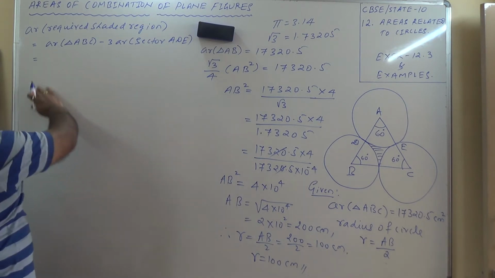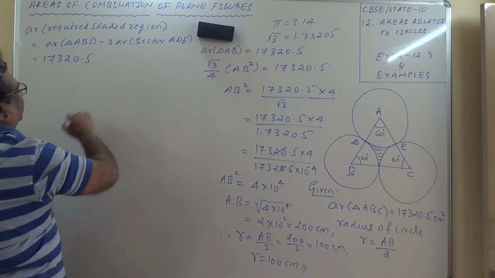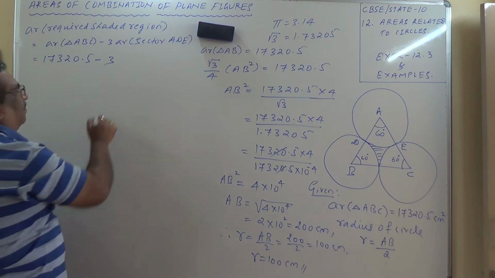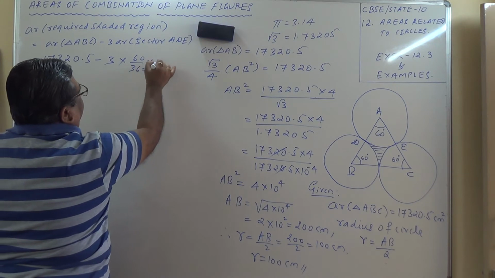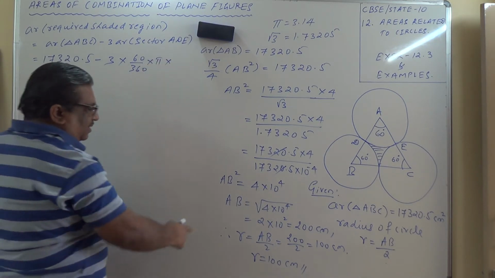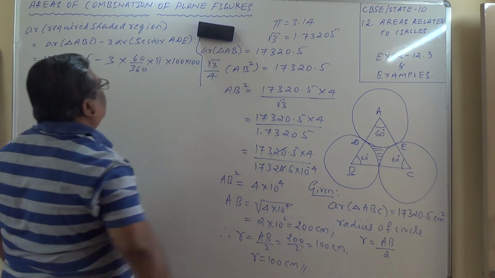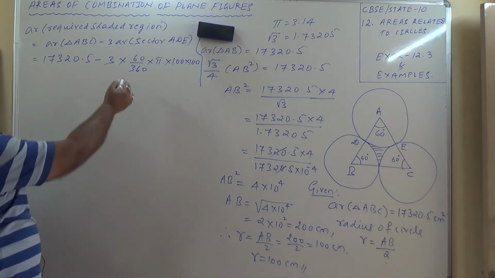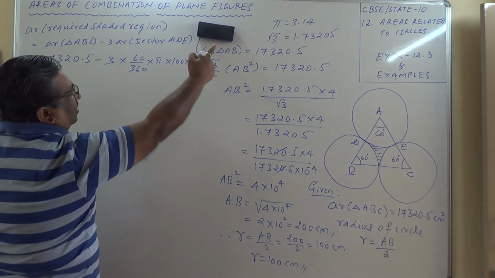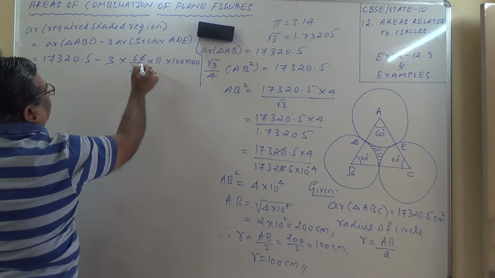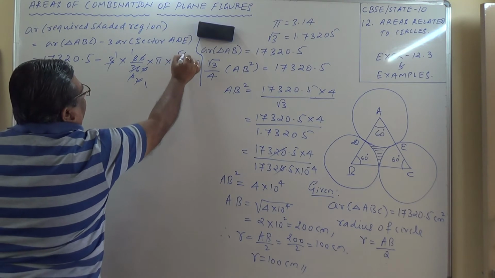So area of the triangle is given to us as 17320.5 square centimeter minus 3 times sector area, which is 60 by 360 into pi into the radius 100 into 100. That is theta by 360 into pi r square, and we have to take the value of pi here as 3.14, please remember. Now 6 ones are 6, 6 threes are 18.